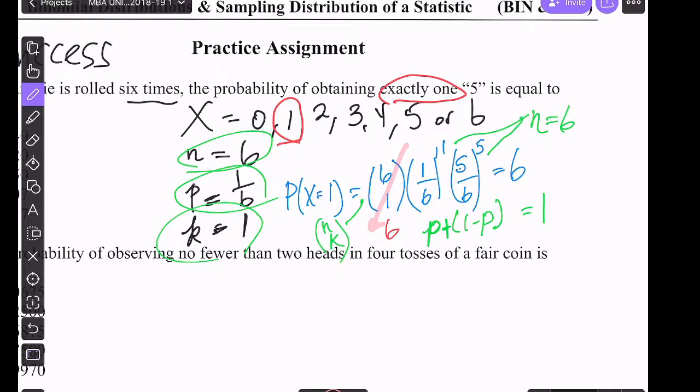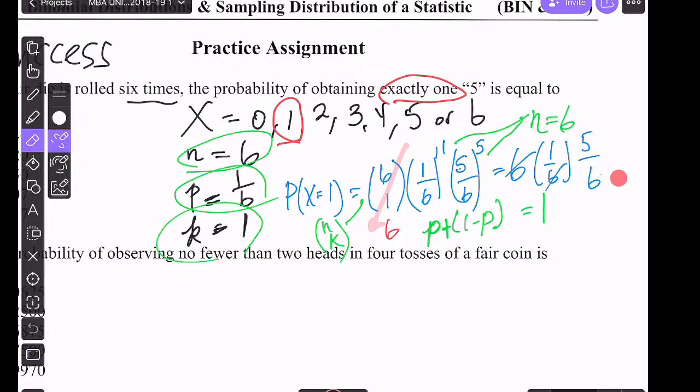This is 1/6, and this is 5/6 to the 5, and this is 6. This cancels with this. Then I can just leave it as 5/6 to the 5. See, much easier. Simplify it before you punch it in.